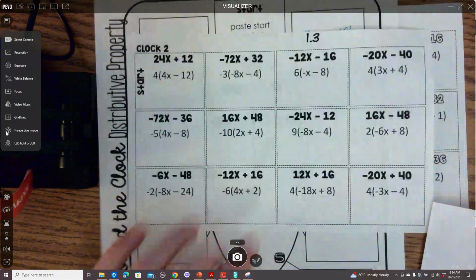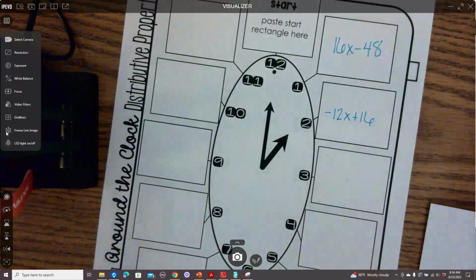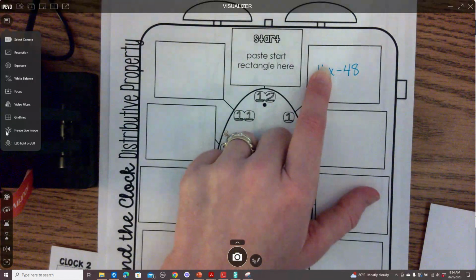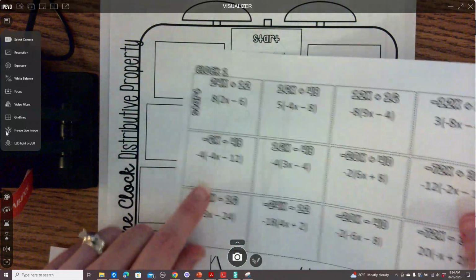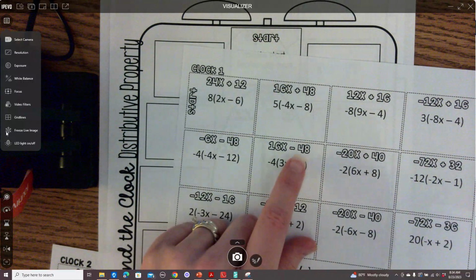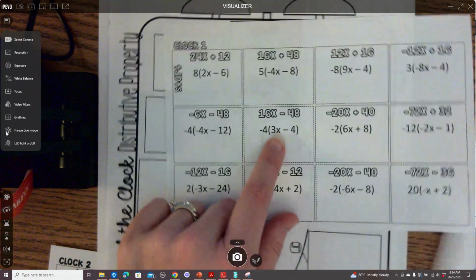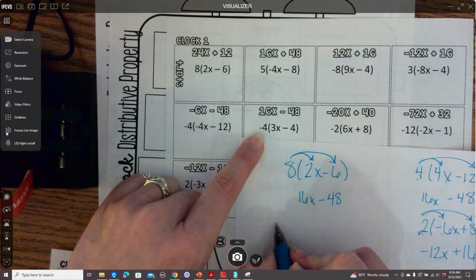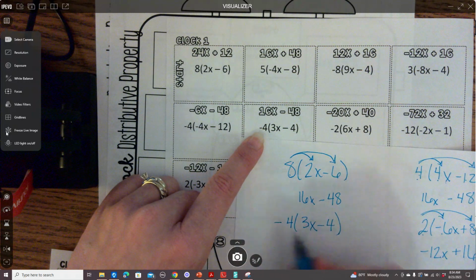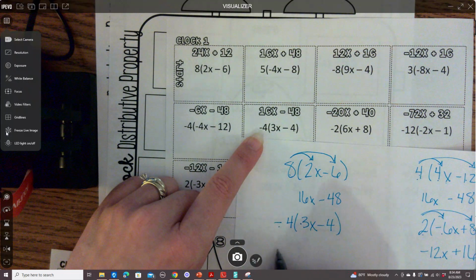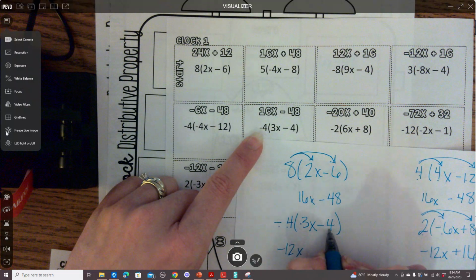Okay? So clock number 1, 16x minus 48. Find it on here. It's right here. So then this would be the second problem that I would work. Negative 4 times 3x minus 4. Negative 4 times 3 is a negative 12. Tack on the x. Negative 4 times negative 4 is a positive 16.